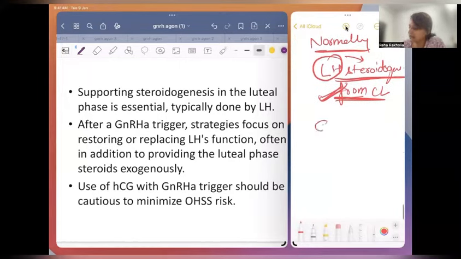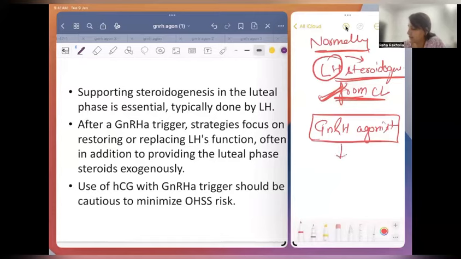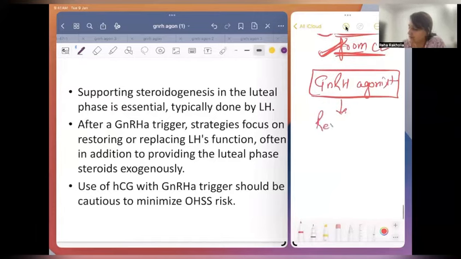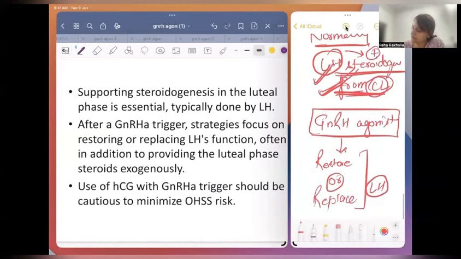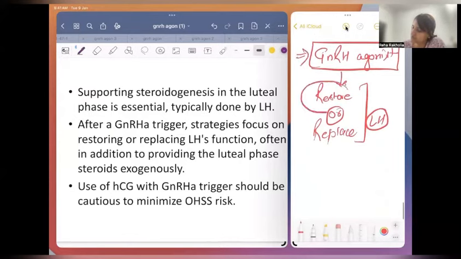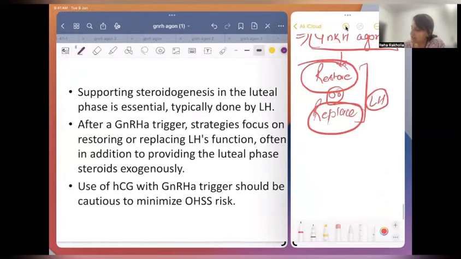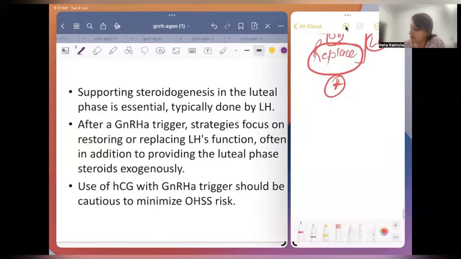But when we give GnRH agonist, we need to restore or replace the work of LH, which was promoting steroidogenesis from the corpus luteum, plus we need to give steroids exogenously.